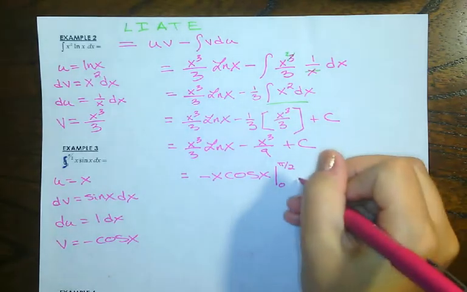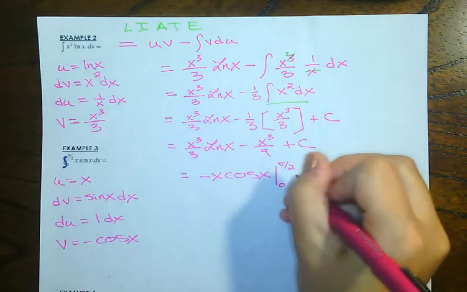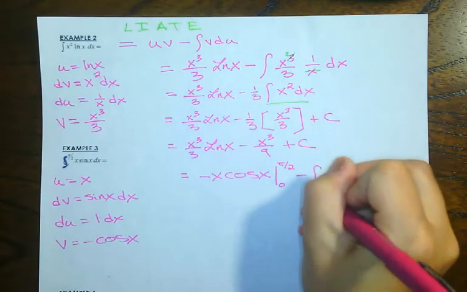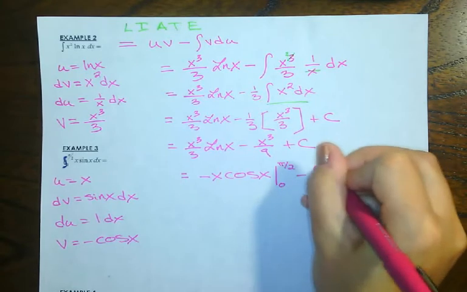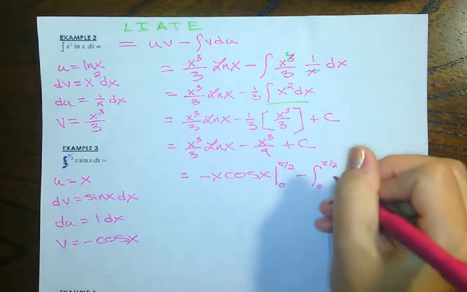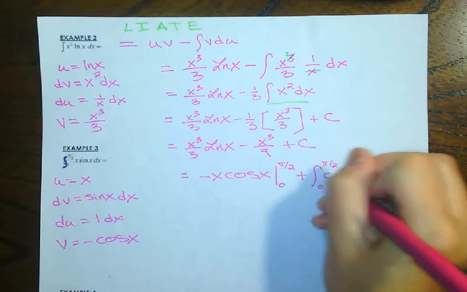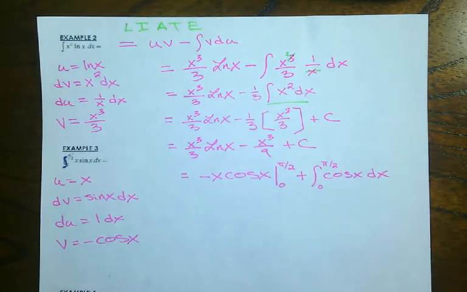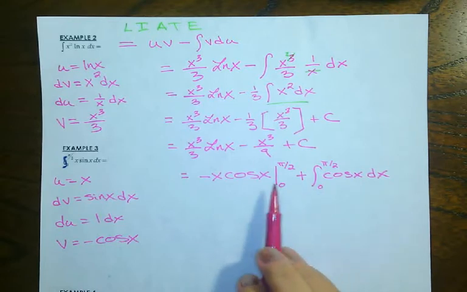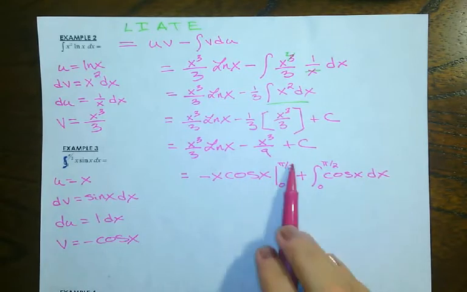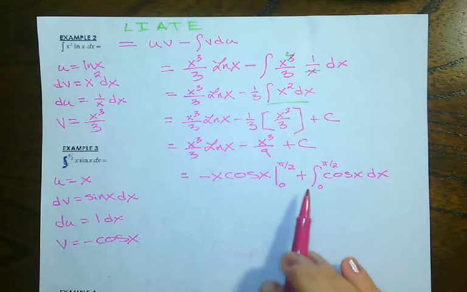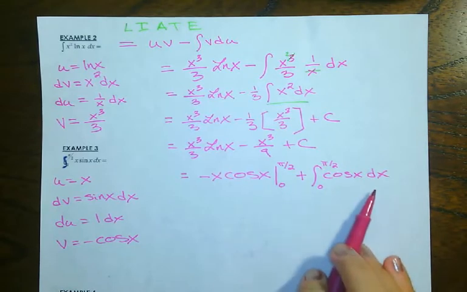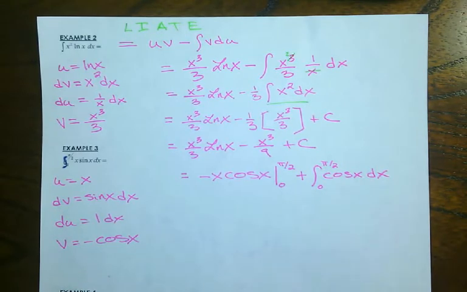And then I also have minus the integral, still from 0 to pi over 2, of negative cos x, so I'm going to make that a positive cos x dx. You have to evaluate this piece using those definite integrals, and those bounds just transfer to the second part. That's the difference there.